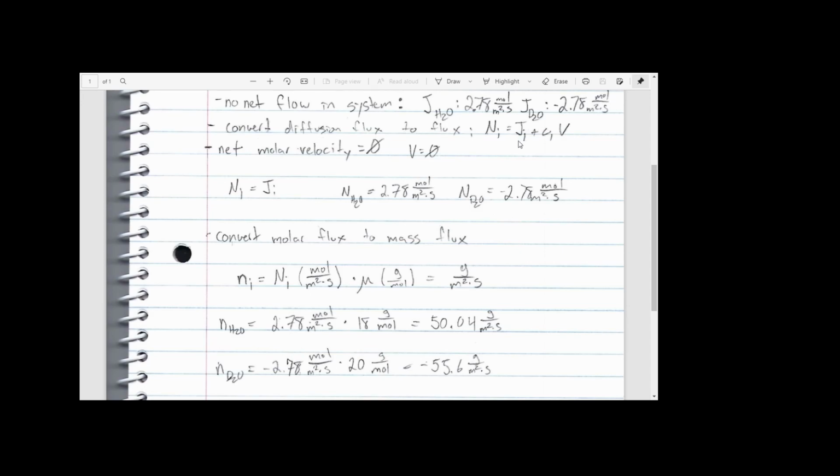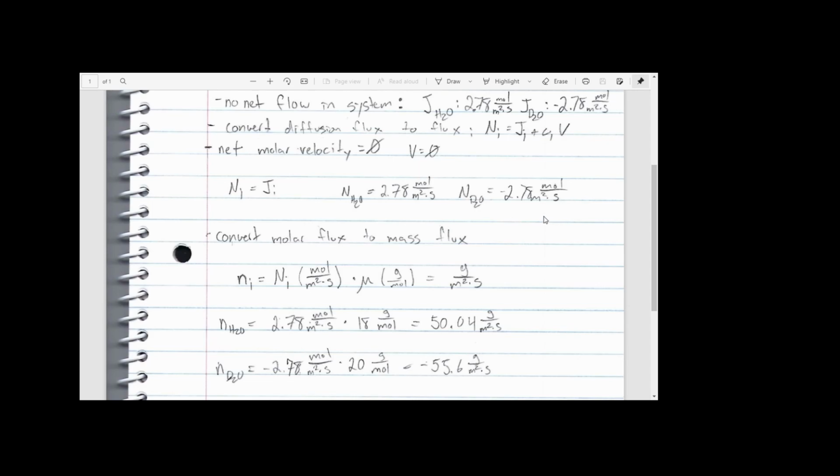The term c_i v is the bulk contribution. The bulk contribution comes into effect if there is a net flow in the system. However, since this question is a closed system, there is no net flow, so this term is negated. That means that the bulk contribution is zero and the molar diffusive flux is equal to the flux, dictating that the molar diffusive flux of water and deuterium is the molar flux.